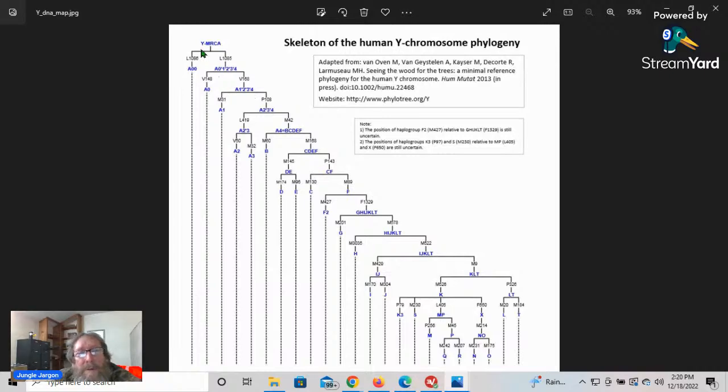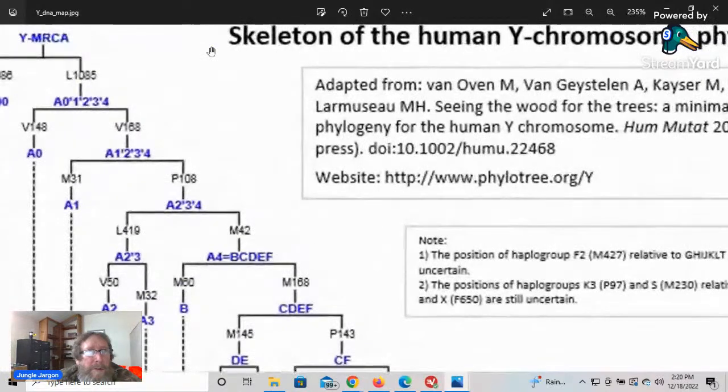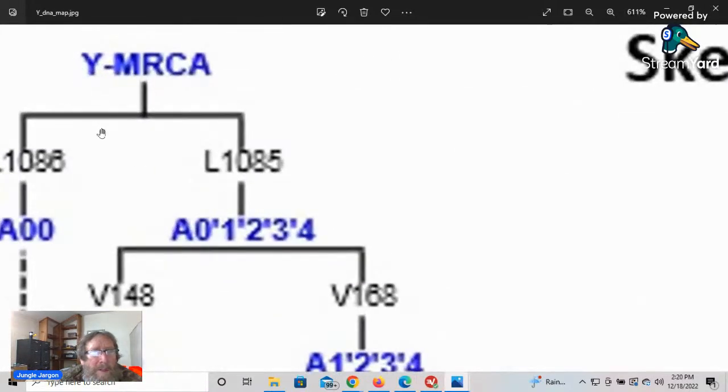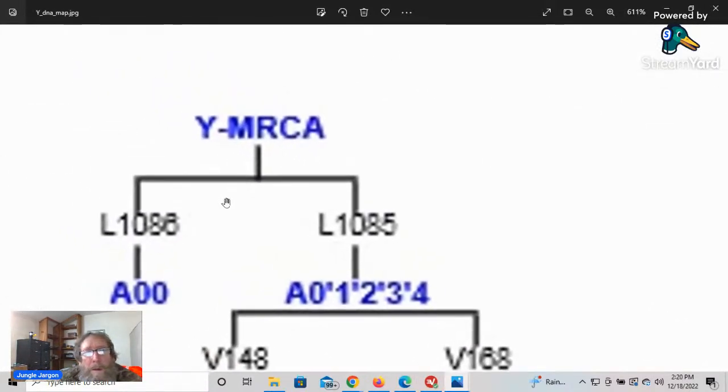And the claim is here with this most recent common ancestor, this Y most recent common ancestor. This is what the claim is, and they're using these genetic markers, SNPs, to prove their case of an out of Africa.